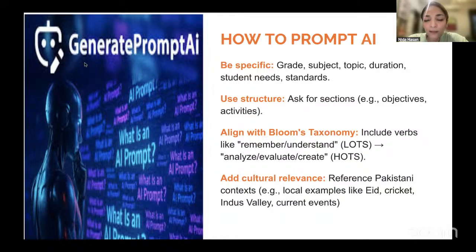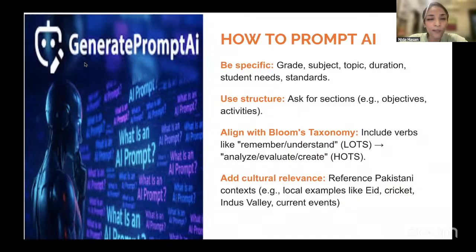And the one thing that is amazing is that you can ask AI, which is ChatGPT, to give your lesson plan a cultural context. So you can say, okay, I want you to give examples which are specific to Pakistan.